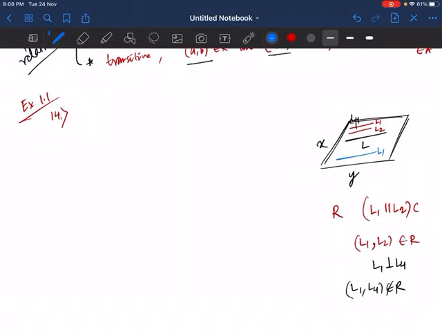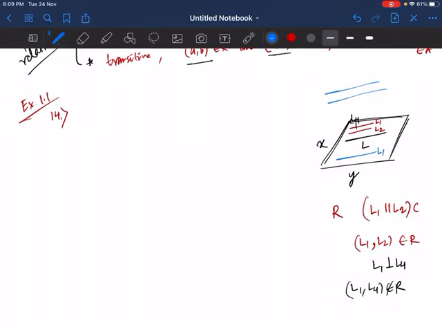When can a line be parallel to another line? When their slopes are equal. If line L1 has a slope of half, then L1 being the same line also has slope half. So saying line L1 is parallel to line L1 is a proper statement.